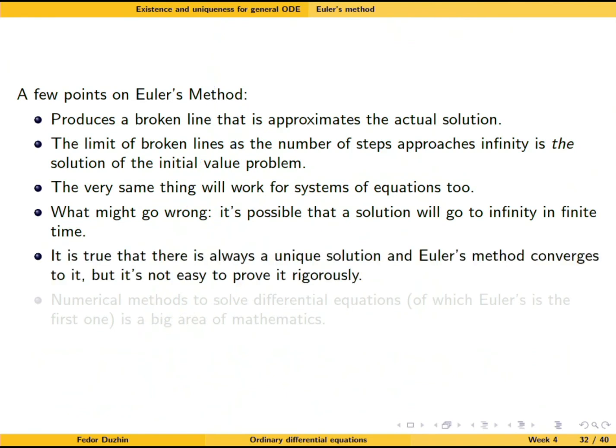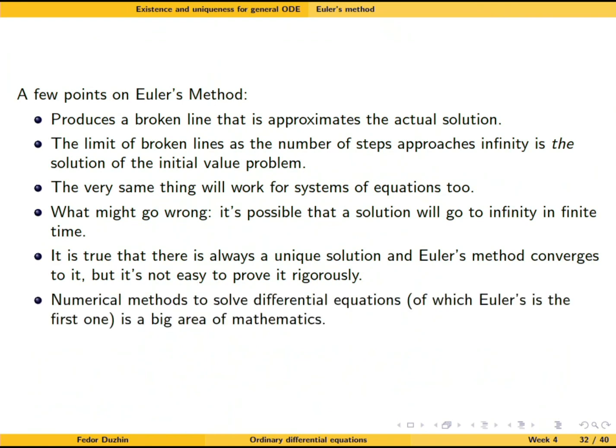And controlling for this is technically quite tricky, right? It is true that there is always a unique solution, and it is true that Euler's method converges to that unique solution, but the domain of that unique solution may be smaller than the domain of broken lines in Euler's method, and it's quite non-trivial to control it, right?